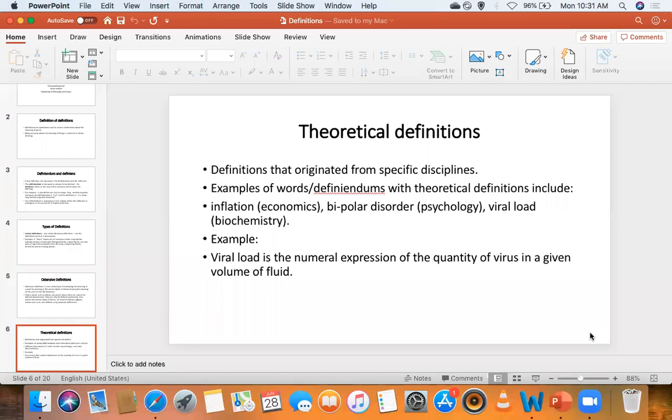We have viral load. So these are words that came to us from specific disciplines, and so we got their definitions from those disciplines because it was in those places that they were created. For example, viral load can be defined as the numeral expression of the quantity of virus in a given volume of fluid.